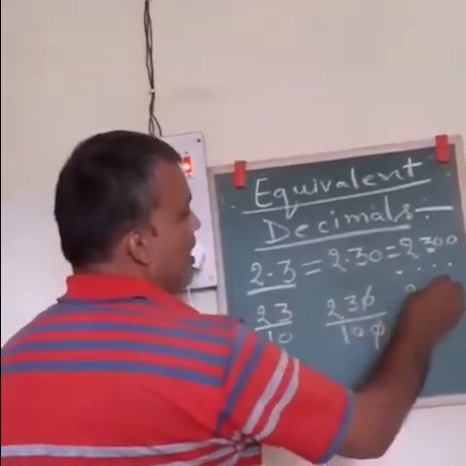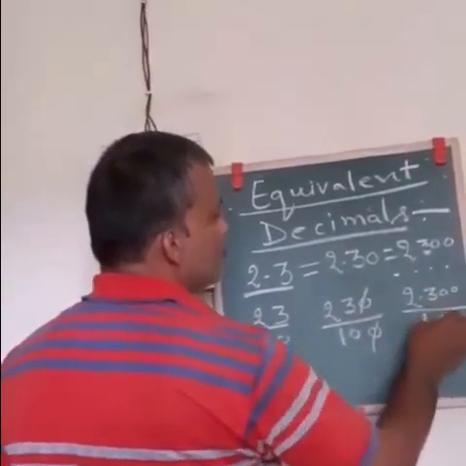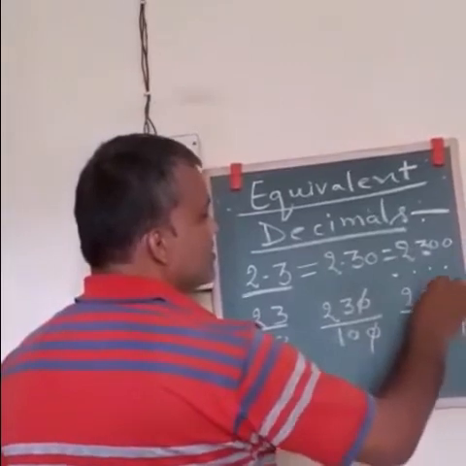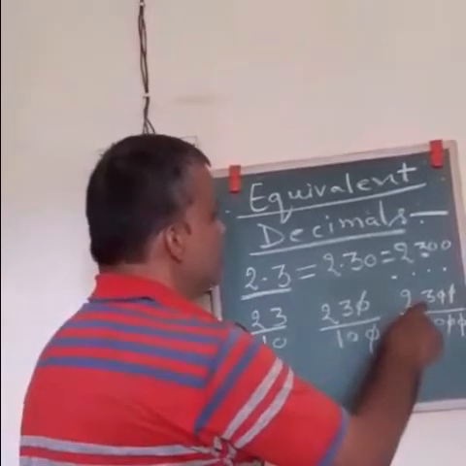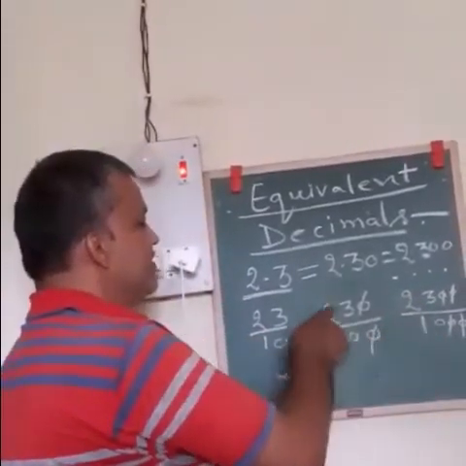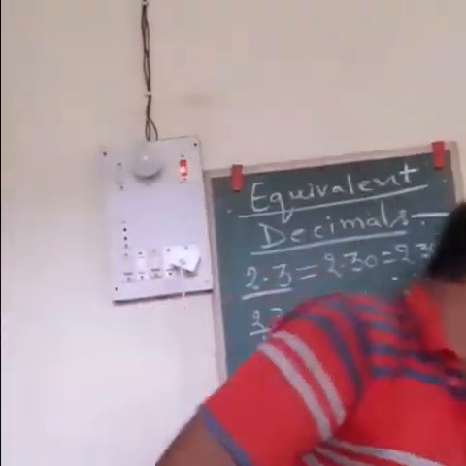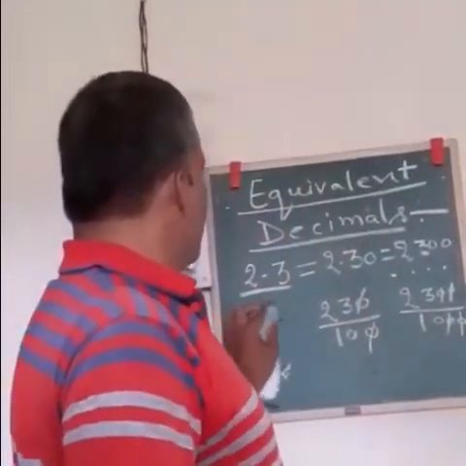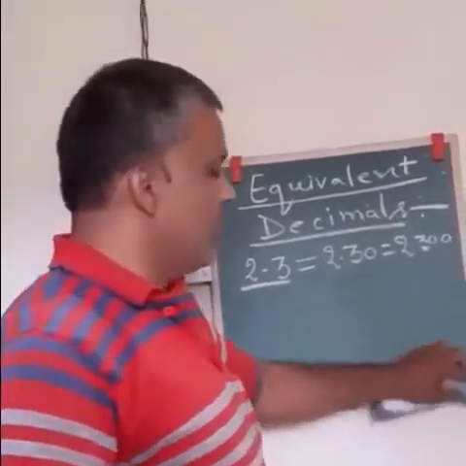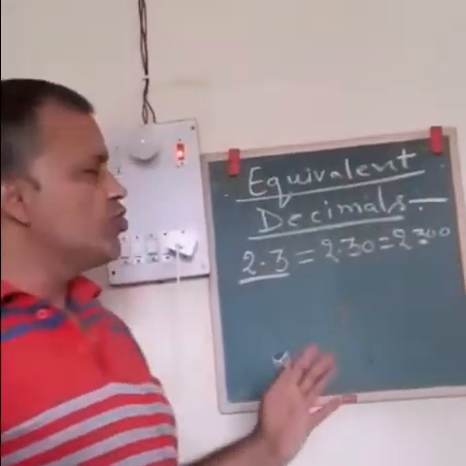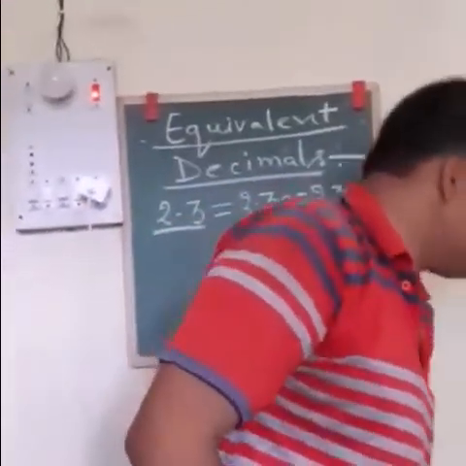Here 2.300, by 1 3 digit, so 30. This is cut. It means this is also 23 by 10. In this way, we are able to understand these three numbers given on the blackboard are of equal value. So, these all numbers are equivalent decimals.